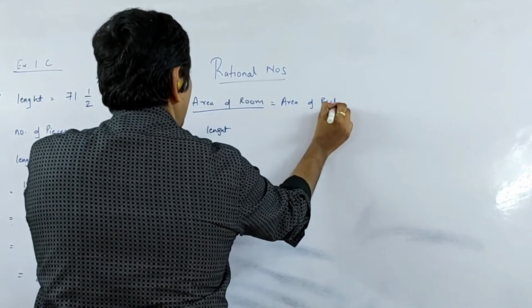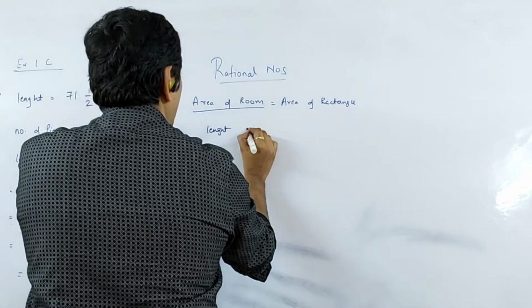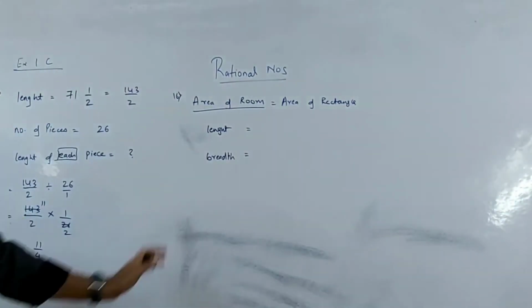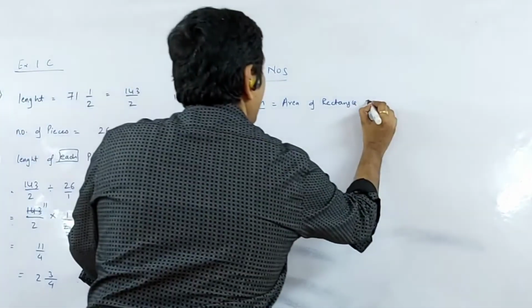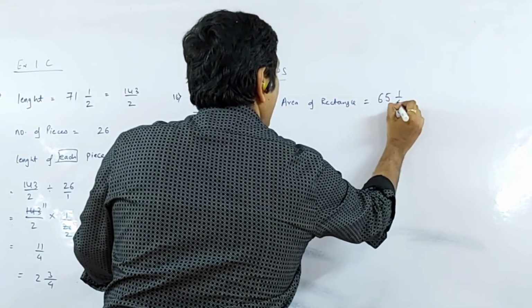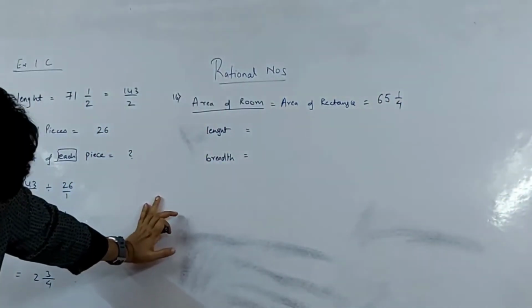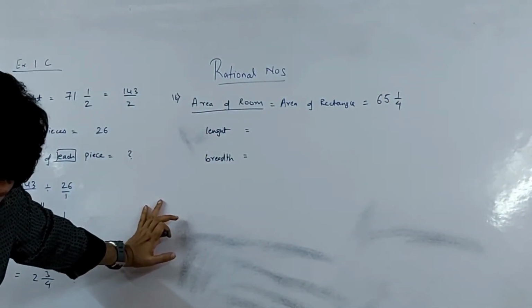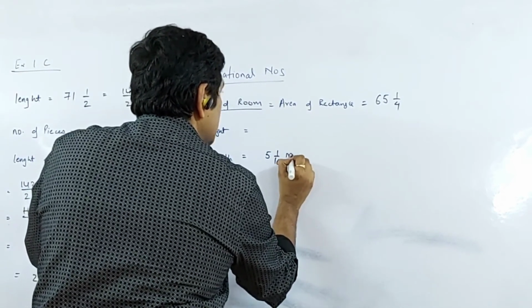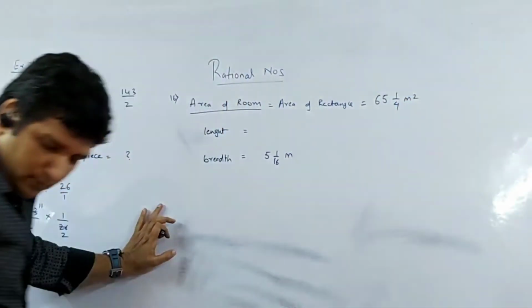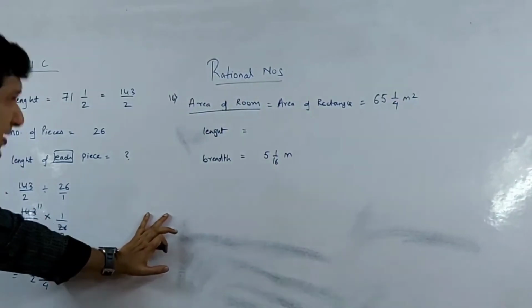And the area of a rectangle, as we have seen, is length into breadth. So here they have given us the breadth and the area. Area is 65 1 upon 4 meter square, square meters, and the breadth is 5 upon 16 meters. Find its length.